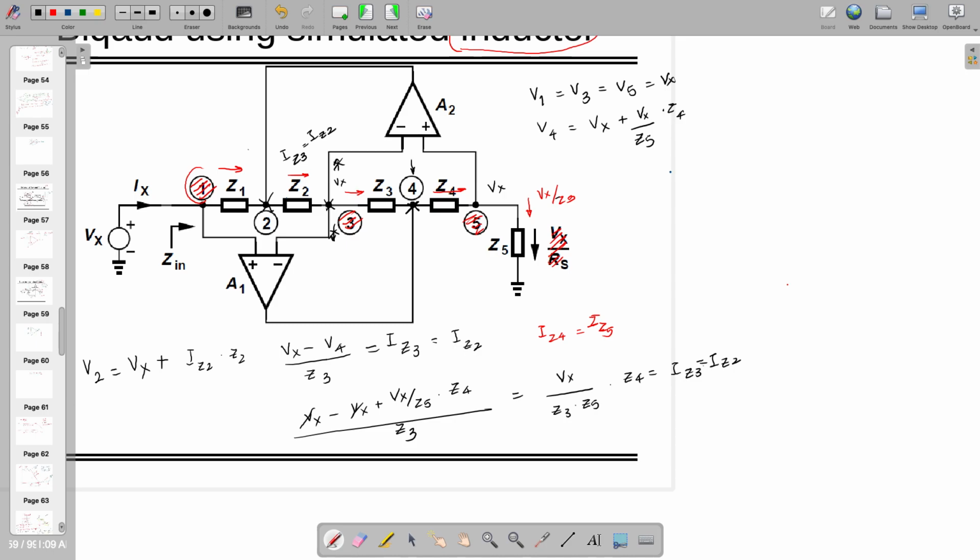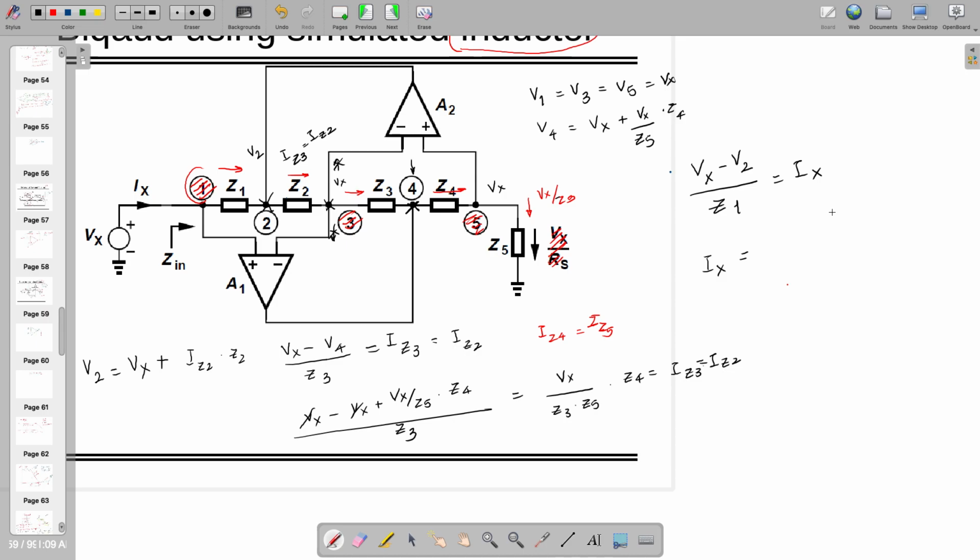Once you find out V2, the current flowing through this one, which is Ix, can be found out. And Ix is equal to V1, which is Vx actually, Vx minus V2 divided by Z1 is equal to Ix. Now V2 you can get from here, you can replace it here and you can find out Ix in terms of the rest of the things.